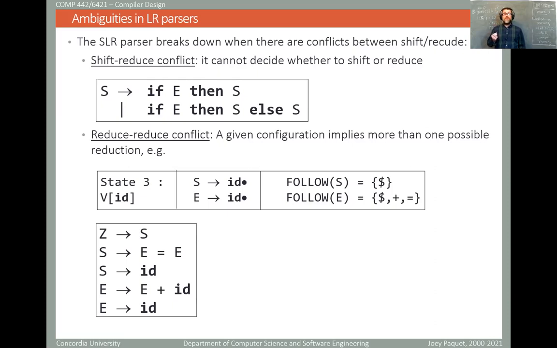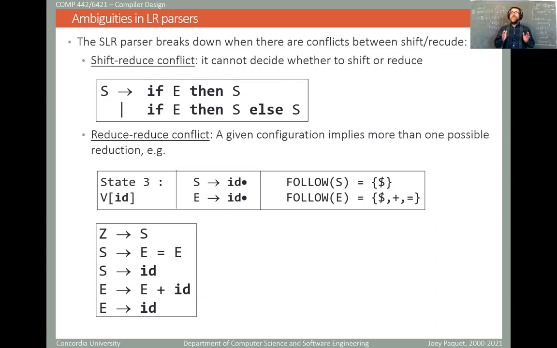So if you remember, when you design the table, the DFA that corresponds to the grammar, you try to make a decision as to whether you will do a shift operation, which is going further over a terminal symbol, continuing the parse, or if you want to apply a reduce operation, in which case you want to remove a right-hand side from the stack and then replace it by its left-hand side.